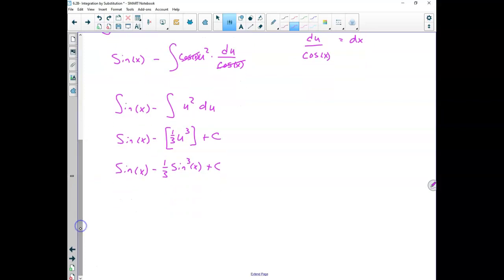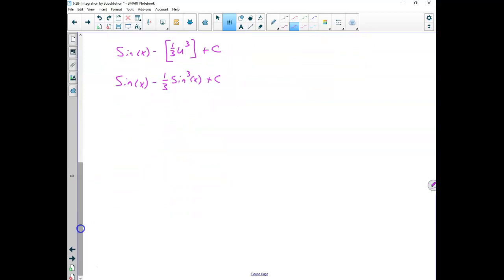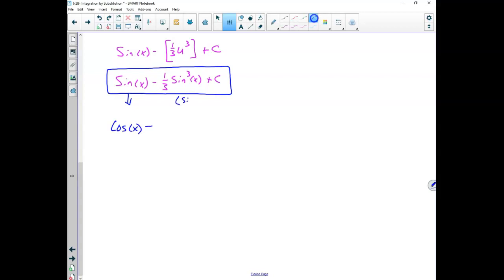And if you've got to go through and check this again, let's check it out. If this is truly my antiderivative, when I take the derivative of all of this, I'm going to end up with a cosine cubed. So the derivative of sine is cosine, minus, well, remember that's sine x cubed, so that 3 comes down and cancels the 1/3, so it's really a sine x squared times the chain rule, the derivative of sine, which is a cosine x.